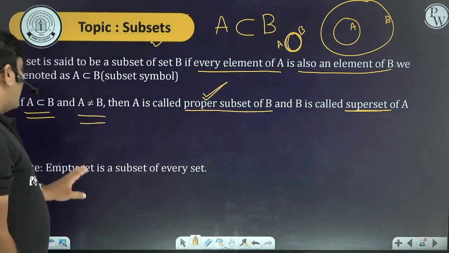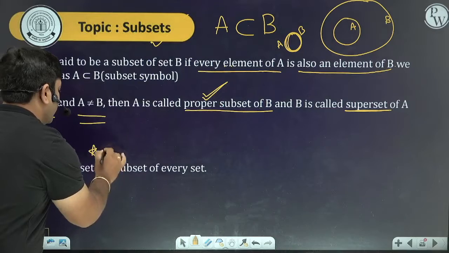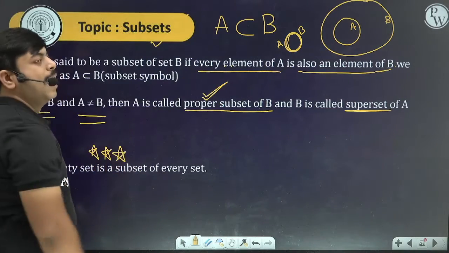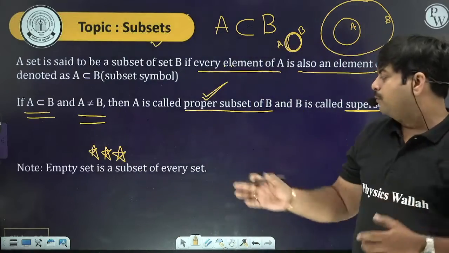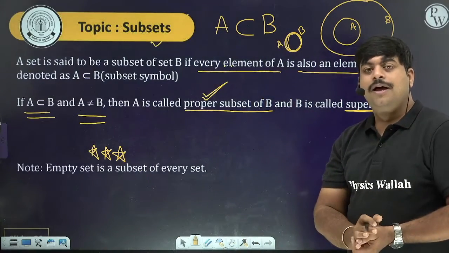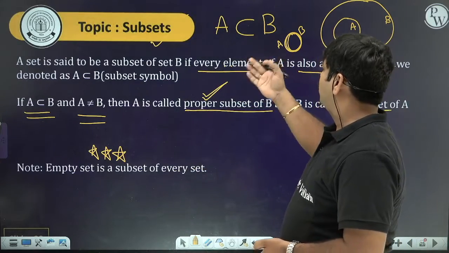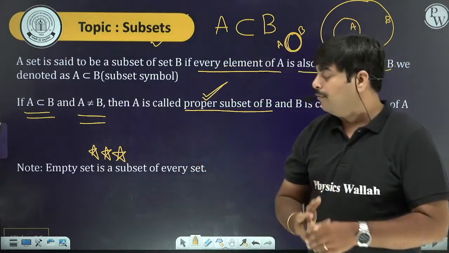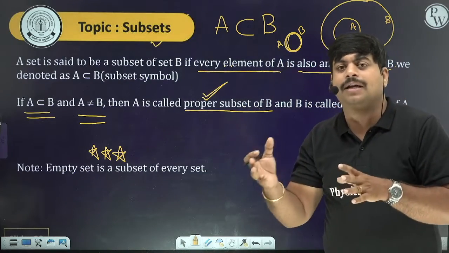Right? The empty set is a subset of every set. This is a very, very important point, and you always get confused with that, because you forget about it. When you are trying to write down a subset, I told you every element of A should be an element of B. And when you say empty set, the empty set itself has no element, so how can that be possible?